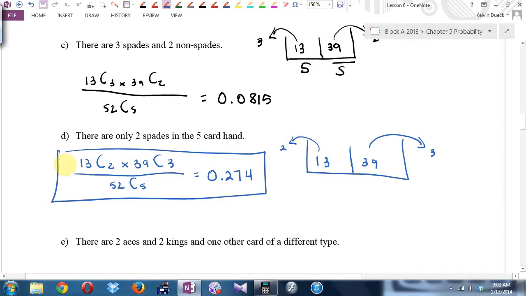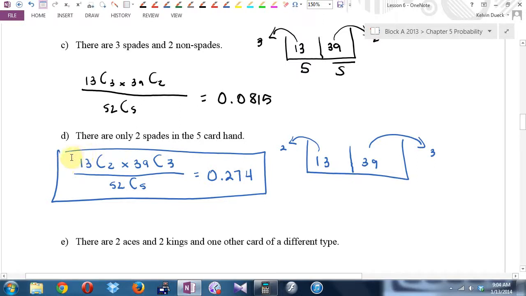See if you get that. Is that okay, Silke? Yeah?